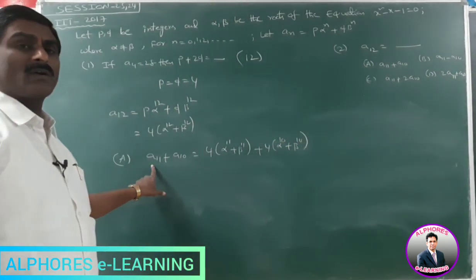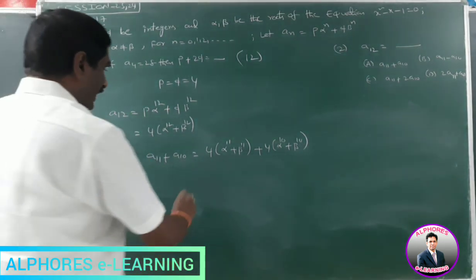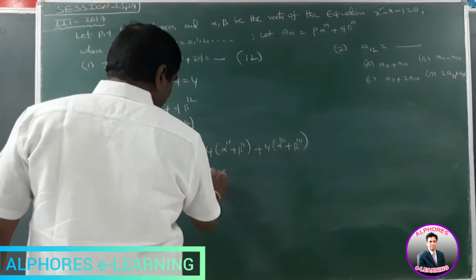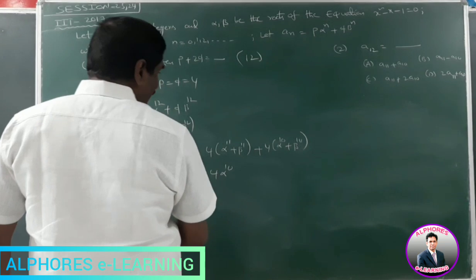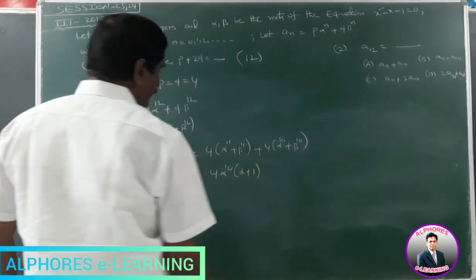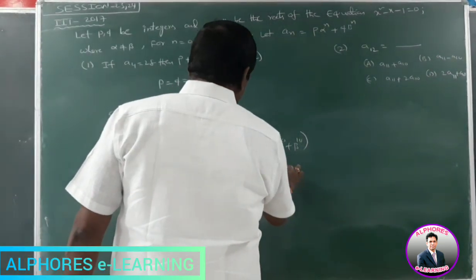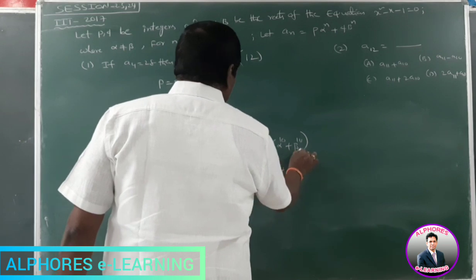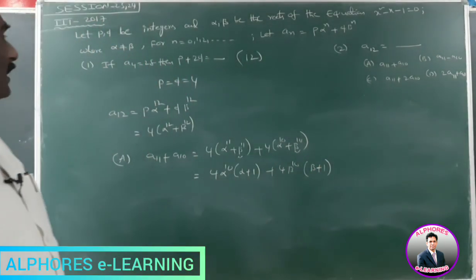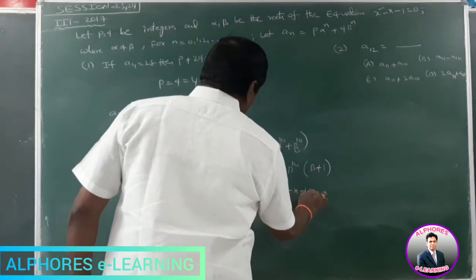Since an is equal to p into alpha power n plus q into beta power n, that is equal to 4 into alpha power 11 plus 4 into alpha power 10. 4 into alpha power 10 is the common term. That means we get alpha plus 1. Next, 4 into beta power 10 is the common term in these two values. We get beta plus 1. But from the given, alpha comma beta are the roots of x square minus x minus 1 is equal to 0.